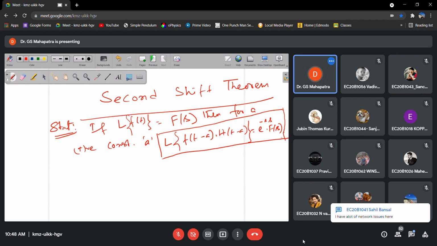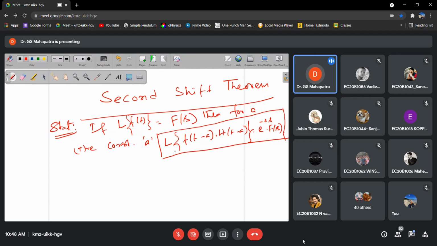I will prove this theorem and we will discuss the proof later on, not now. Now just see how to use this one. Using this, you can write the Laplace transform of f of t in this type of form. So if this is the case, how can you find the Laplace transform of the given function?